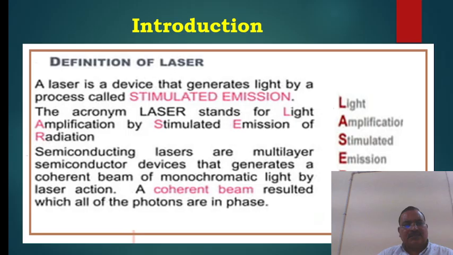So semiconducting lasers are multi-layer semiconductor devices that generate a coherent beam of monochromatic light by laser action. And a coherent beam results in which all of the photons are in phase.